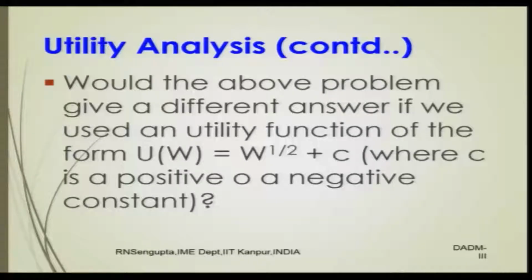Now, you are basically adding a constant here. So, if you add a constant here, all the utility values would just be increased by that value, and when you multiply by the corresponding probabilities, the sum of the probabilities is 1. So, that C value would be just an addition for all the utilities.